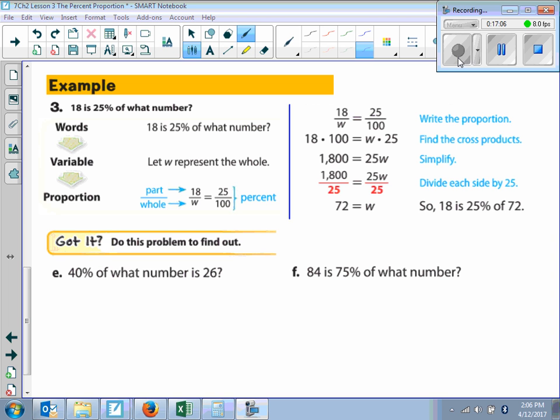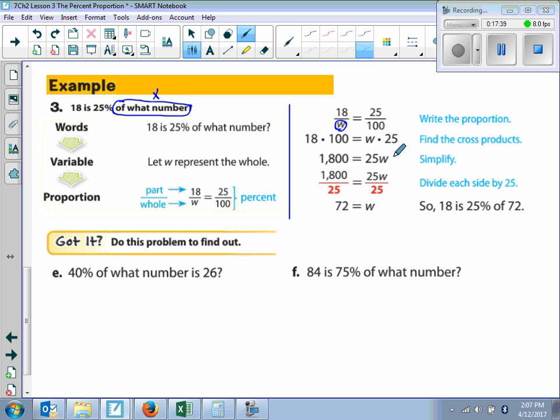Example 3 says 18 is 25% of what number? So, are we solving for the part or the whole? We are solving for the whole. Very good. Because the of number is the whole. So, if we're solving for the whole, that's going to be our x. It's the of number, so that's going to go in the denominator, whether you use x, or w, or whatever variable you want.